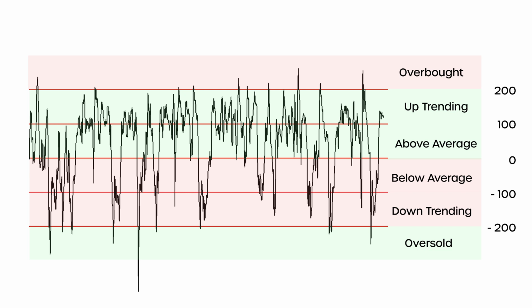At the beginning of the video, we told you that on this security, a negative 200 is an oversold level. We went back many years to see that these levels have not been broken, which means an oversold level.